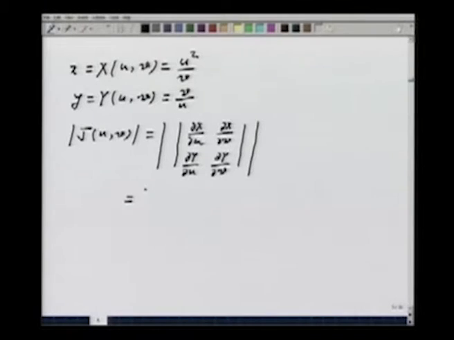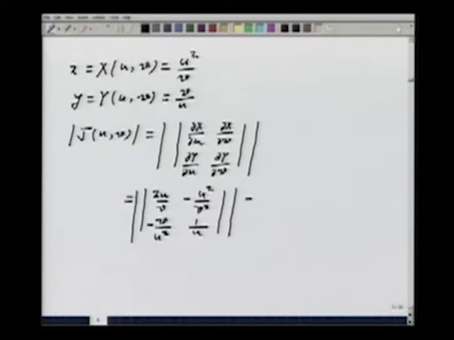So now I can calculate del x del u, the partial derivative of this, that means twice u by v, then del x del v is minus u square by v square. Then the second function, differentiating with respect to u, is minus v by u square, and with respect to v, I get 1 by u. Then I have a modulus.